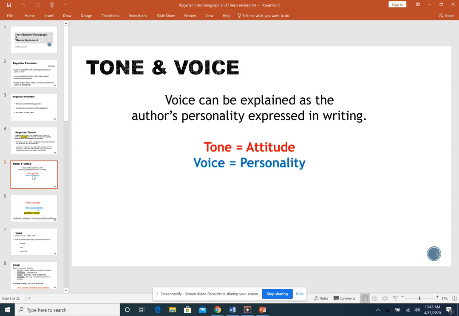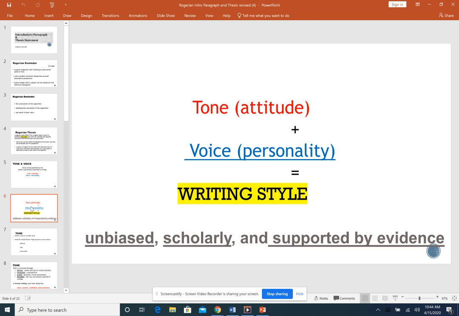Something to keep in mind when you're writing. We often think about tone and voice when we're speaking orally. You listening to this can hear my tone, my voice. Perhaps you can tell when I'm smiling, or perhaps you can tell when I'm not, based on my tone and voice. Tone is often referred to as attitude and voice as personality. But when we think about this in writing, we can combine these two into a writing style.